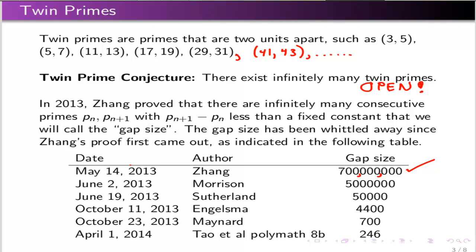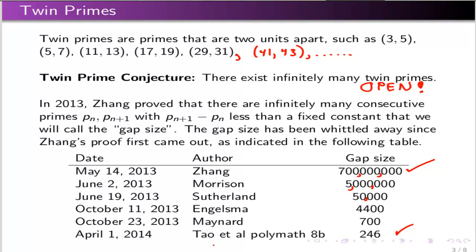So just a month later, we have it down to 5 million, and then down to 50,000 a little bit later that month, down to 4,400, down to 700. And the most recent I looked at the data was a result in April of 2014 by Terence Tao and company, where the gap size had been whittled down to 246, meaning what?